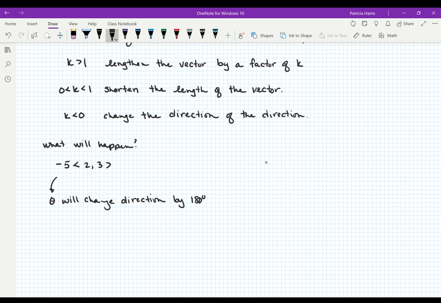And then the vector's magnitude will lengthen by a factor of 5.